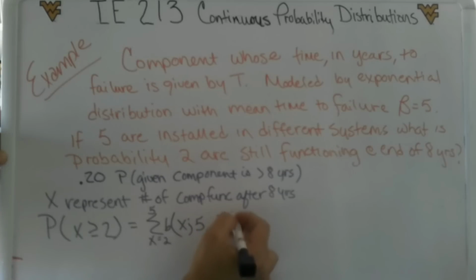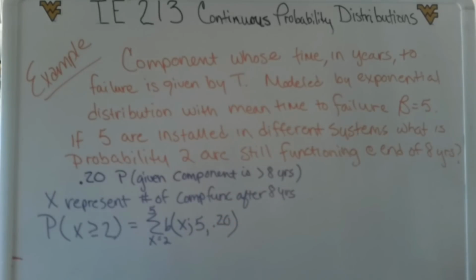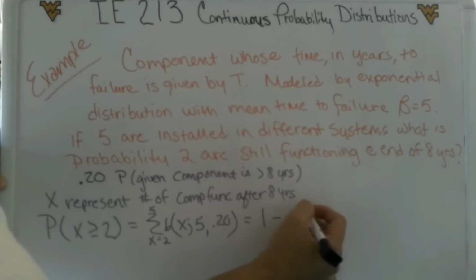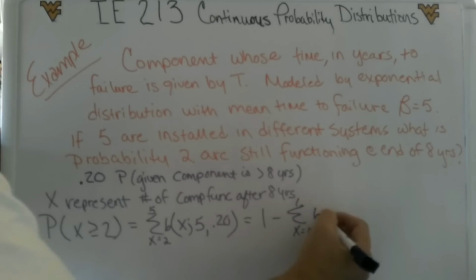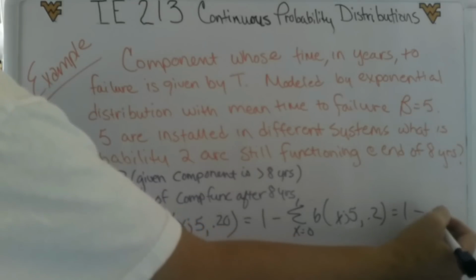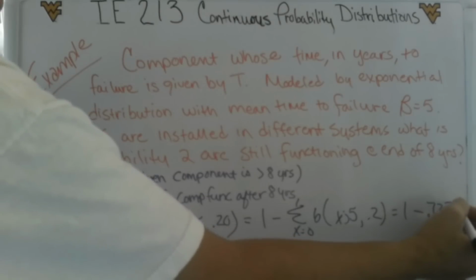The probability of success is 0.20. If you remember, when using our binomial tables, in order to get 2 or more, it is 1 minus the sum for r minus 1, so it would be equal to 1 minus the sum of x equals 0 to 1. So we go to that, and we find that that value is 0.7373.